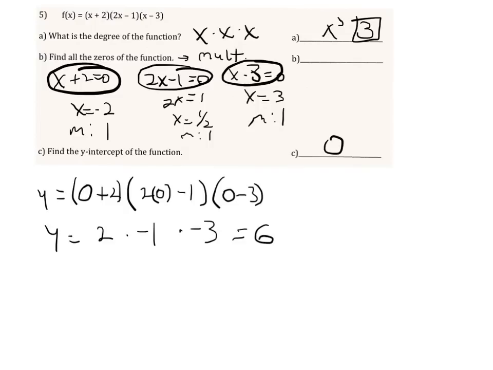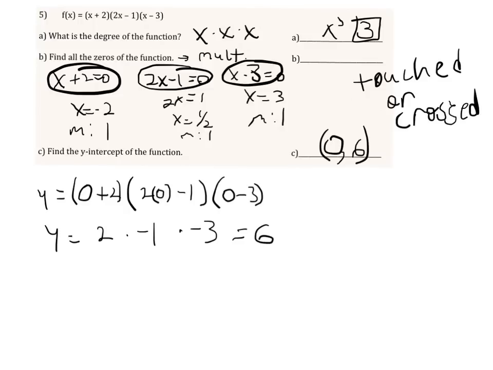So 0, 6 would be our point there. Okay? If you wanted to know whether or not these touched or crossed, remember that odd multiplicities cross and even touch. So we would say that all of these zeros cross.